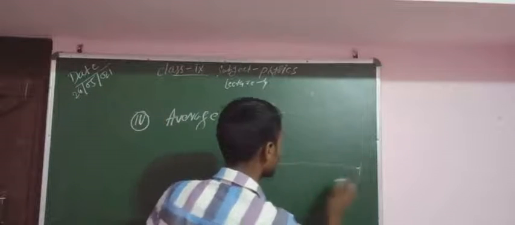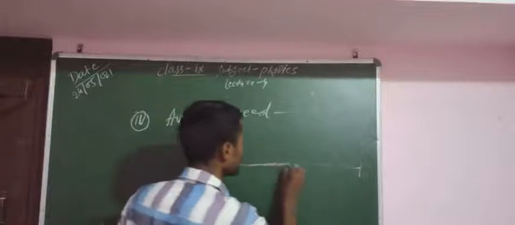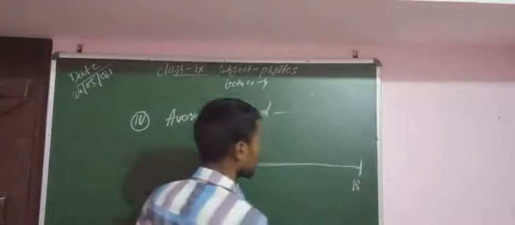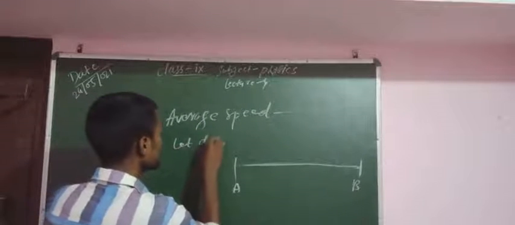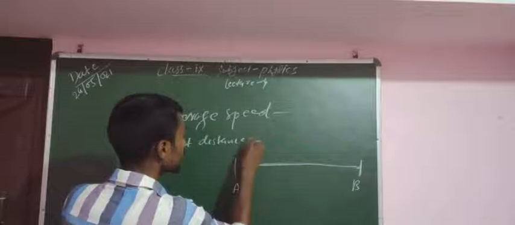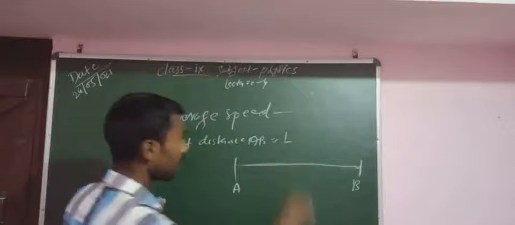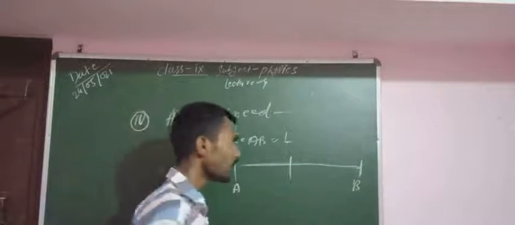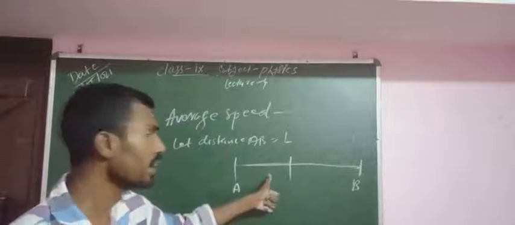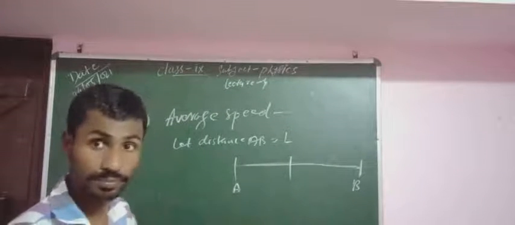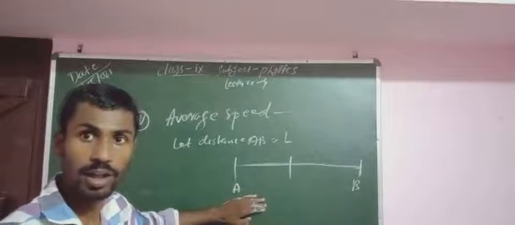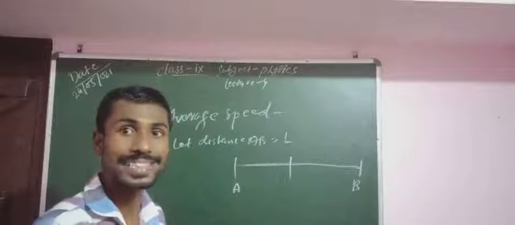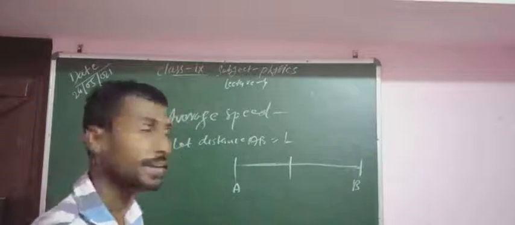Suppose a distance AB equals L. Suppose an object covers this distance with different speeds.